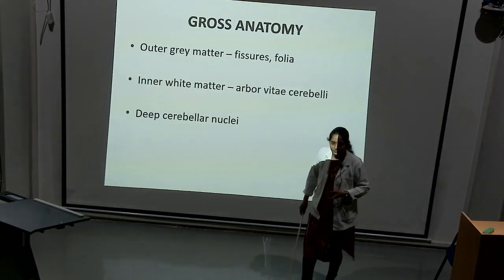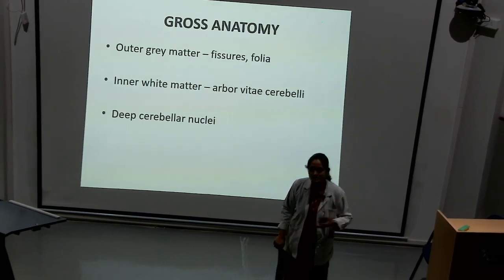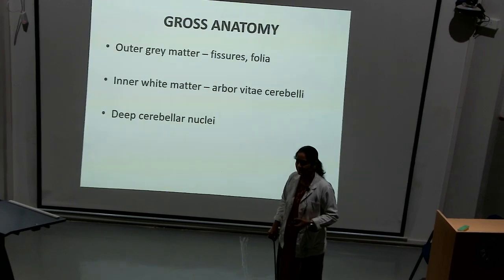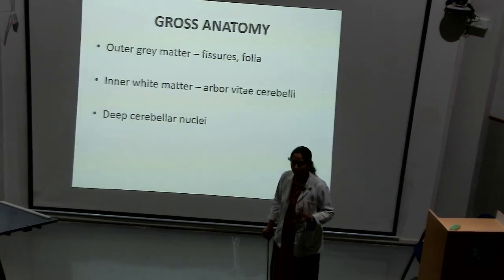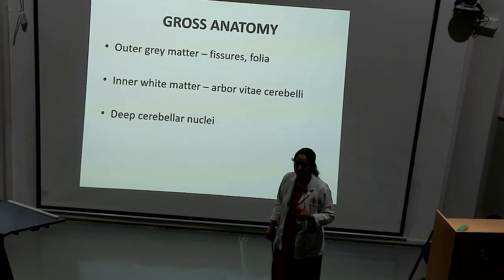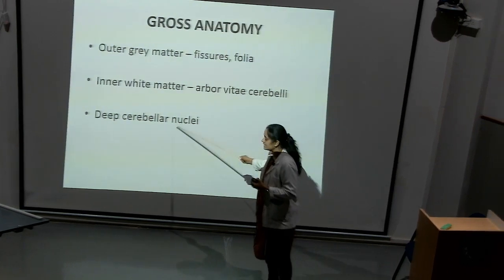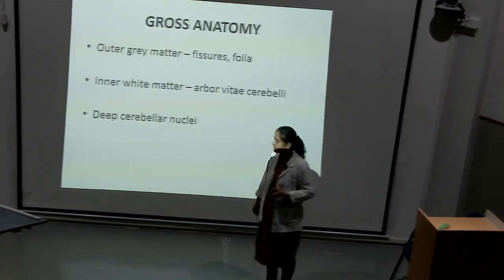Now, coming to the gross anatomy, just like the architecture we see in the cerebrum, the cerebellum also consists of an outer gray matter, an inner white matter, and some masses of gray matter within the white matter, which are called the deep cerebellar nuclei.